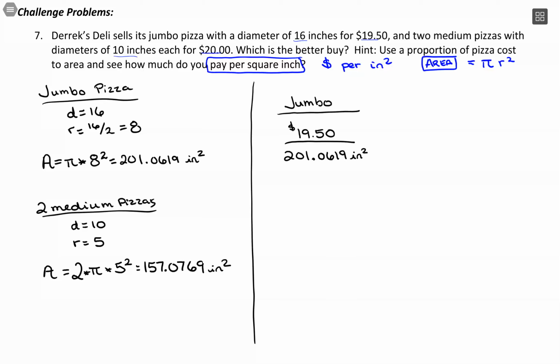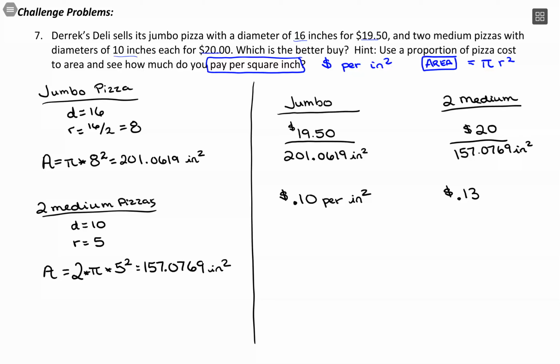So if we simplify that down, it should be about 10 cents per square inch. If we do the same thing for the 2 medium pizzas, take the dollar amount, so $20, divided by area, and simplify that down, and we'll see that is 13 cents per square inch.